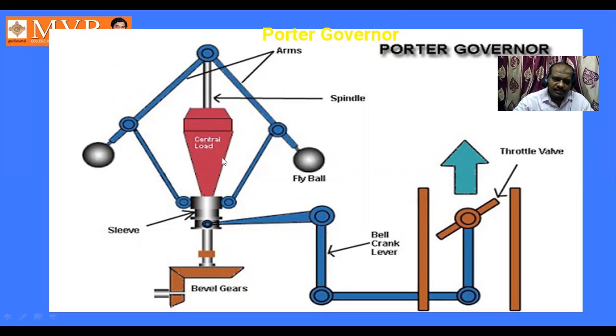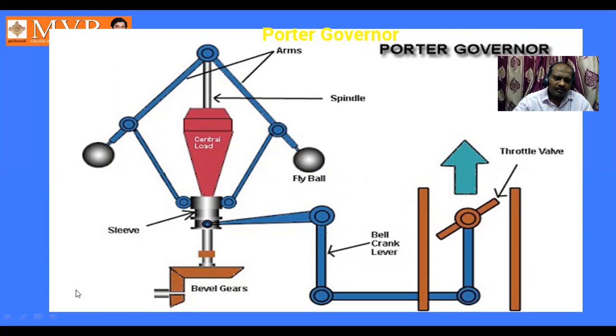The pink colored central load is not present in the Watt governor. This is the extra fitting that is added in the Porter type of governor. Next, ball bearings will be there. From here it is connected to the output of the engine.